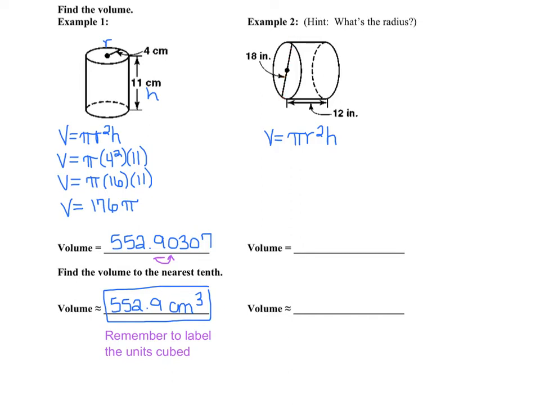So how do you find your radius? You're just going to divide. Your radius is equal to half the diameter. So you're saying 18 divided by 2, and that gives us 9. So your radius is equal to 9.